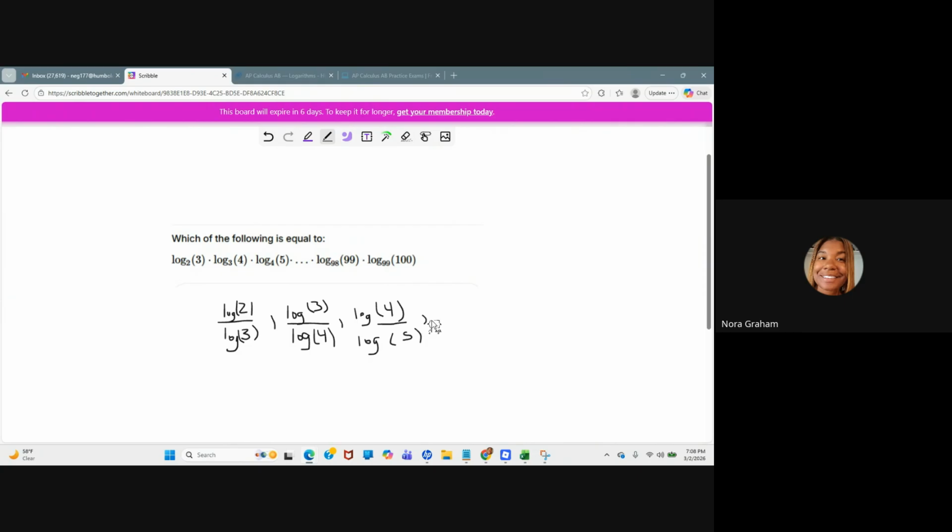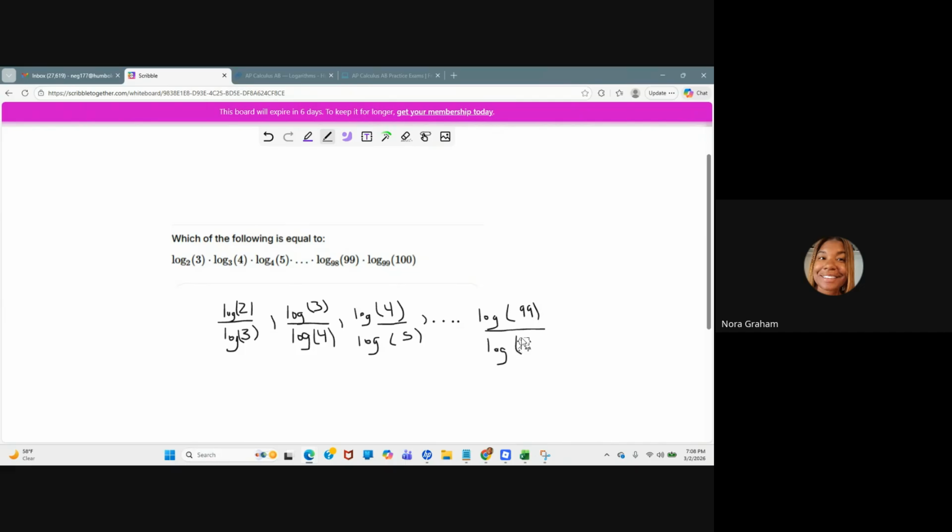And so on and so forth until you get to log 100 over log 99. So they call this like a telescope kind of thing.